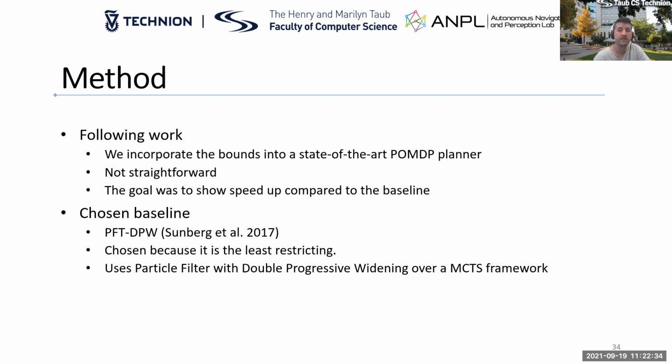We chose the PFT-DPW algorithm that I mentioned earlier as a baseline to speed up, since it is the least restricting one. Essentially, it is an MCTS framework augmented with particle filter and double progressive widening. Importantly, this is not a straightforward implementation, and we had to account for many problems.